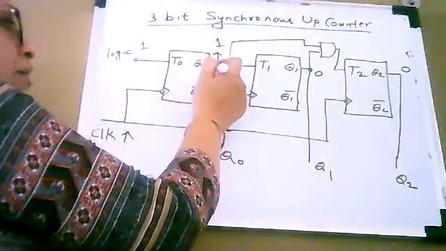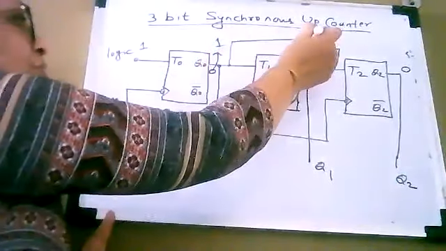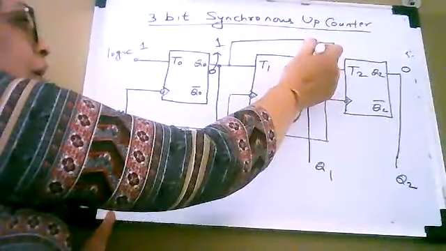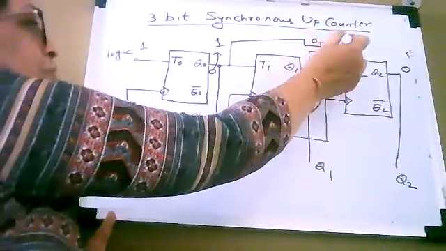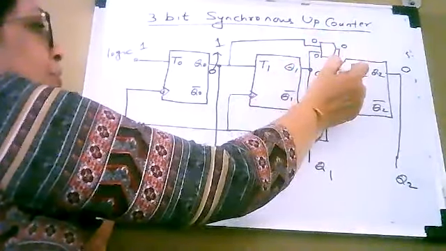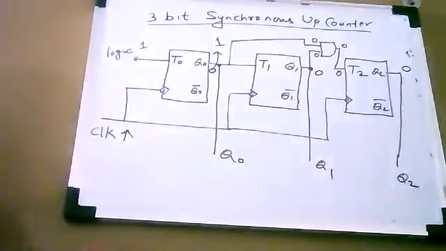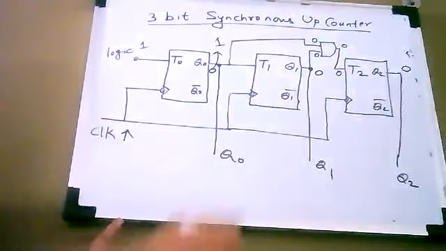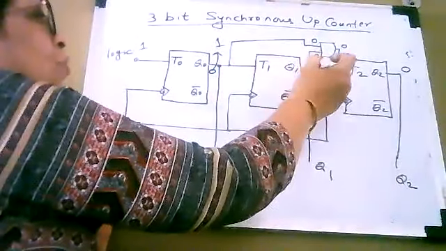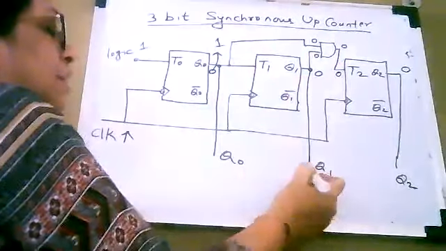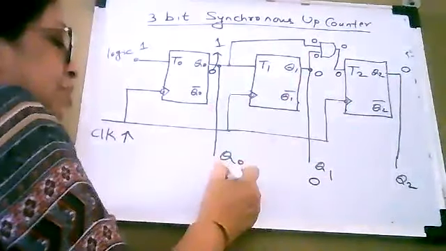Earlier the output Q0 was 0, and this is also 0, so 0 into 0 is 0. So the input present at T2 will be equal to 0. The input at T1 is 0, so it will not change the state; the output will remain 0.